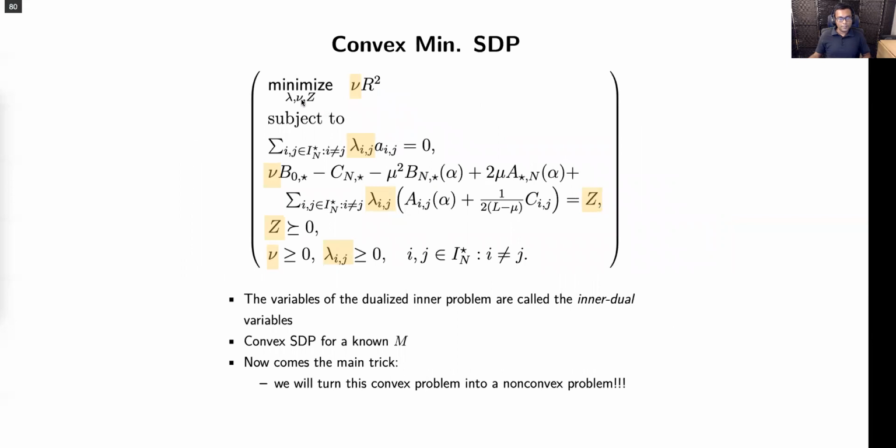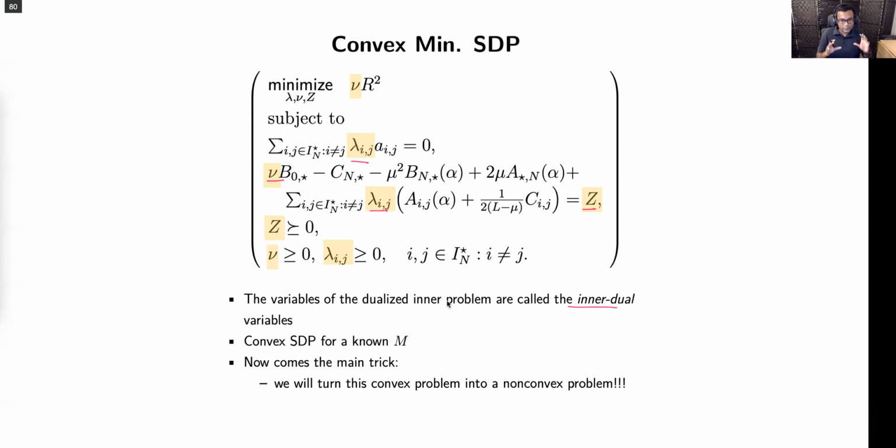Note that in the new optimization problem, my decision variables are lambda, nu, and Z, which were the dual variables corresponding to different constraints in the primal problem. Because in the context of BnB-PEP they are going to play a very important role in finding proofs, we give them a name: we say that lambda, nu, Z are the inner dual variables.